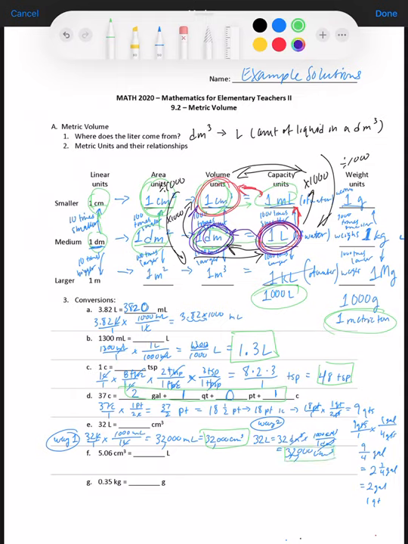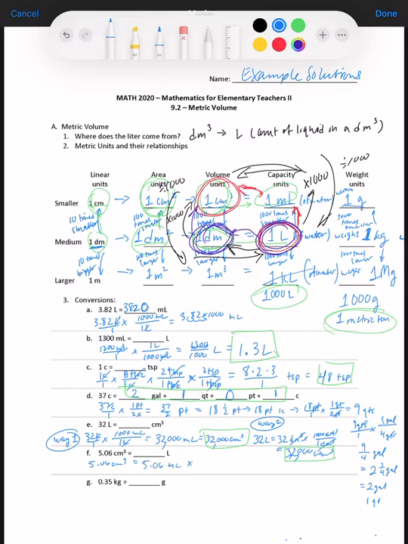Now I'm going to go back the other way, and I'm just going to choose one of those ways for this problem. So we're going to do 5.06 centimeters cubed, put over 1, multiply it by, let's change those to milliliters. So that means we can just set them equal to milliliters. 5.06 milliliters.